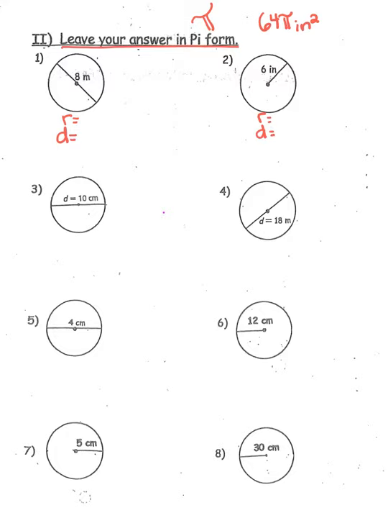Put little r, little d under each of the circles, and we'll come back together and complete problems 2, 4, and 6. The rest of the problems will be completed by you on your own. Take a moment, pause the video, and write little r, little d under each of the given circles.